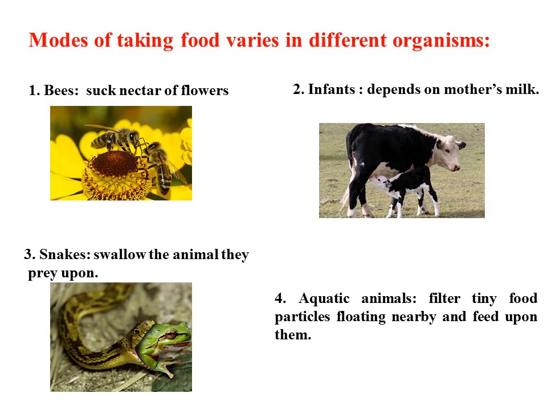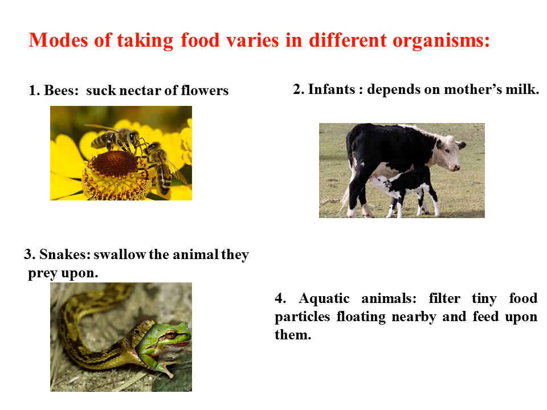Now we come to the modes of taking food, which vary in different organisms. In the first picture you can see bees. They suck nectar of flowers. Infants depend on the mother's milk. Not only the calf, but human newborn babies also depend on mother's milk.